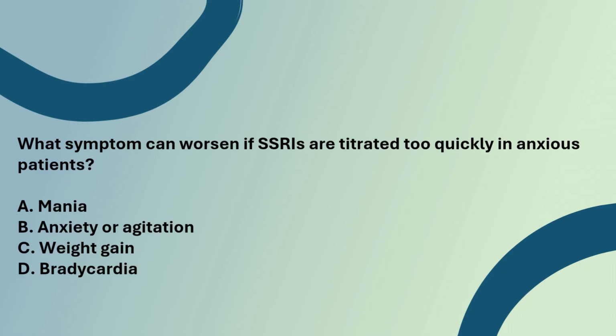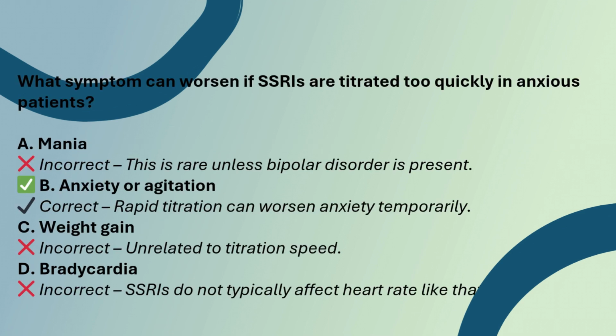So, we have an anxious patient. What symptom can worsen if we begin to titrate too quickly? If you chose anxiety or agitation, you are correct, because rapid titration will worsen anxiety temporarily.